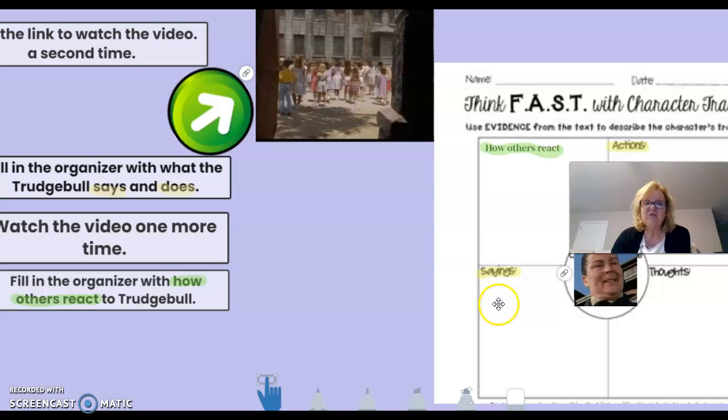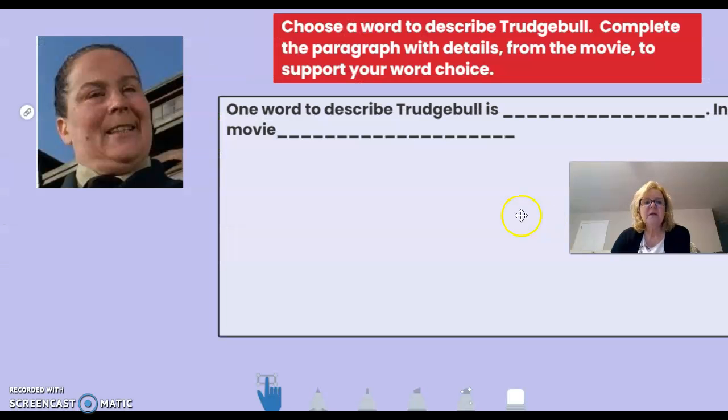Then you're actually going to watch it a third time. And when you watch the third time, you're going to fill it in with how do other people react to Trudgebull. Now, keeping all of this in mind, you're going to figure out one word to describe Trudgebull, and then you're going to write me a paragraph. Tell me the evidence in the movie that showed that that is a good word to describe Trudgebull.